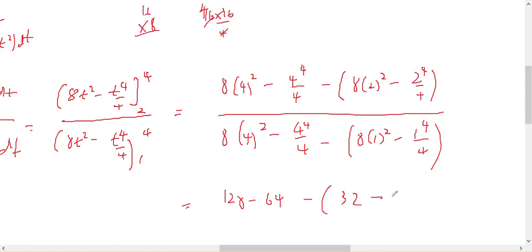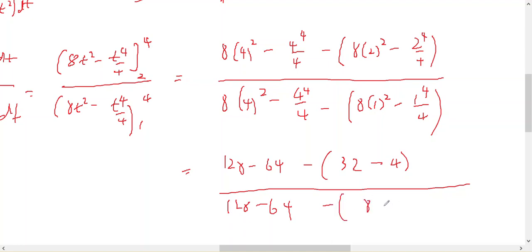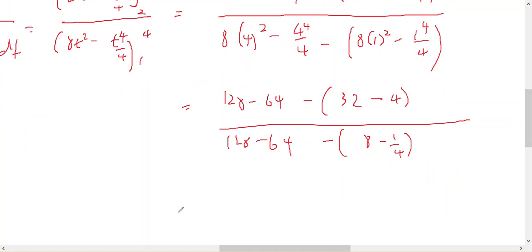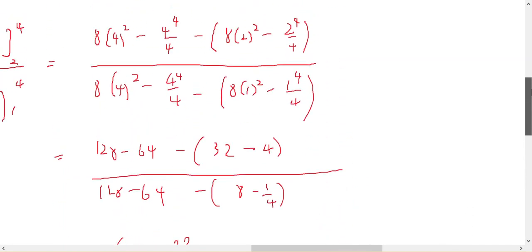Minus 4 over 128 minus 64 minus 8 minus 1 quarter, which should give me 64 minus 28 on top of 64 minus... Okay, so this is actually 31, which means I've got 31 on 4. So that's the same as 9 goes into that, 16 on 25. So 16 on 25 is going to be my probability.